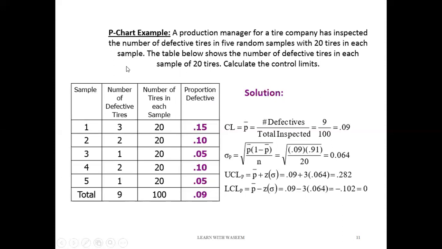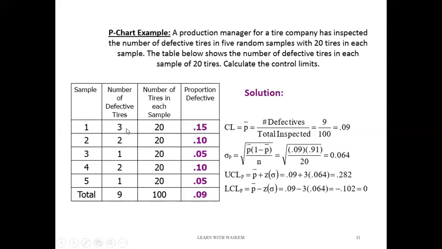So the total number of defective tires would be 3 plus 2 plus 1 plus 2 plus 1, which is equal to 9. And the total number of tires in the 5 samples is equal to 100. So what would be its proportion defective?